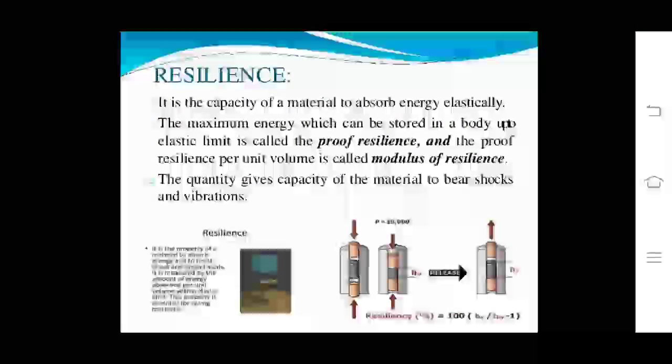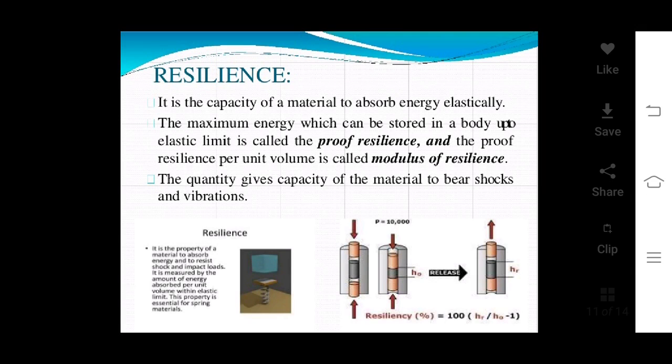The next property is resilience. It is the capacity of a material to absorb energy elastically. The maximum energy which can be stored in the body up to the elastic limit is called proof resilience, and the proof resilience per unit volume is called the modulus of resilience.